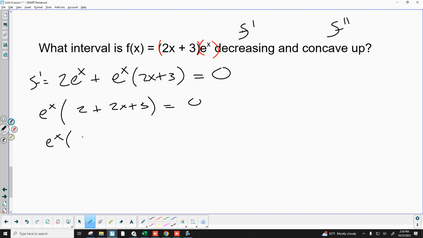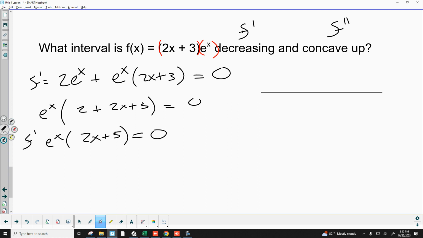Which means this is 2x plus 5. We set that equal to 0. There are no solutions from e to the x. E to the x is just positive. I just get negative 5/2. Cool. That's when 2x plus 5 equals 0.